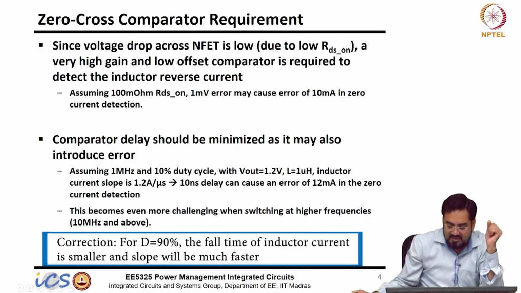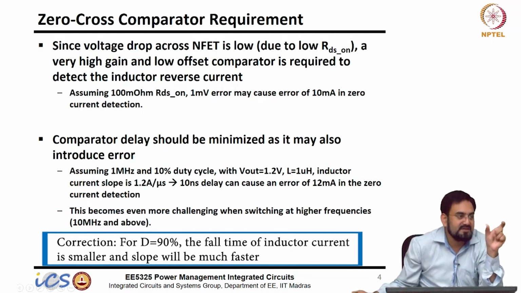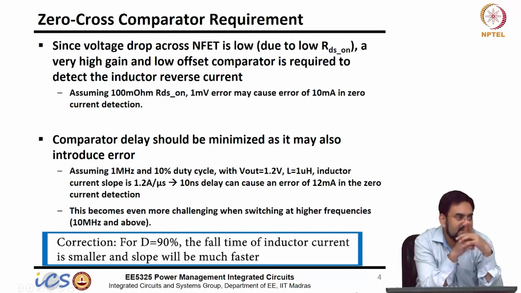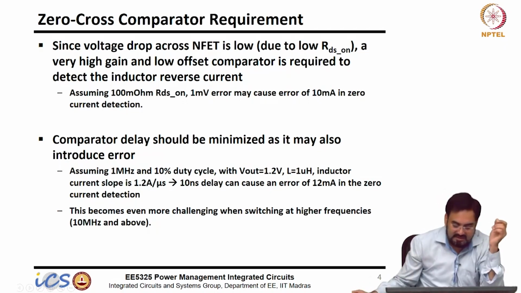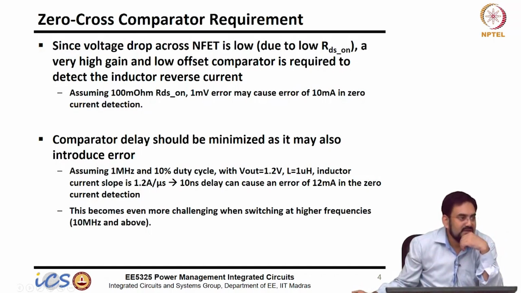It's a 10% time you have, so very small time. Now your output discharge rate is V out over L. I am considering L as 1 micro and V out as 1.2 volt, which means 1.2 amp per microsecond.